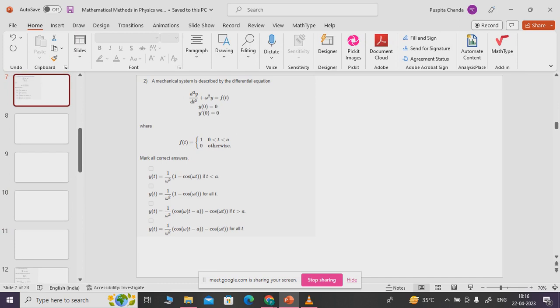This is also a Green's function. So the Green's function satisfies this equation, d²/dt² + ω² G(t,t') = f(t). So here we need to take the Laplace transformation.